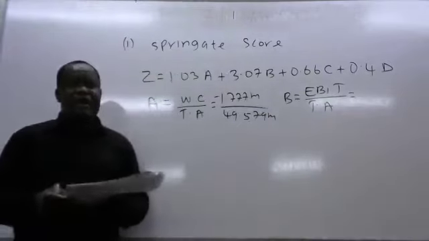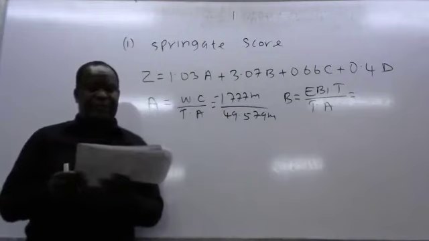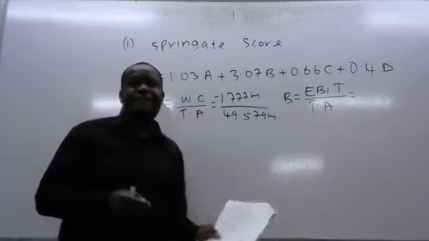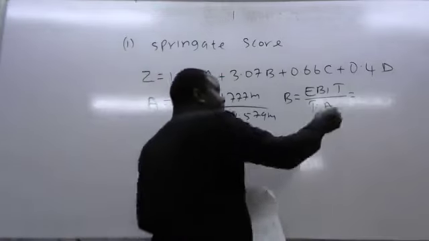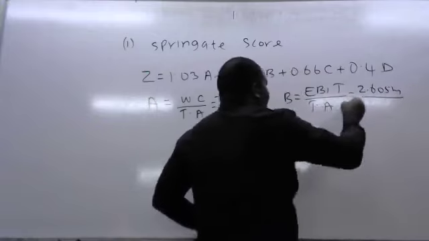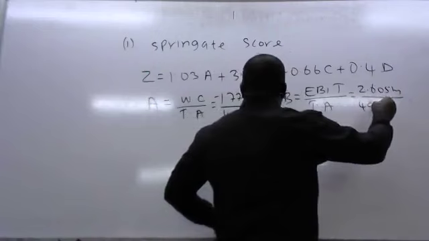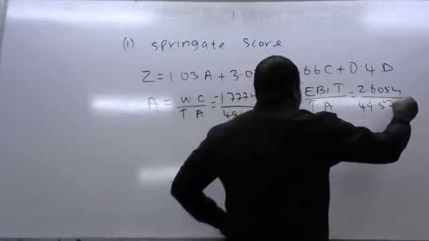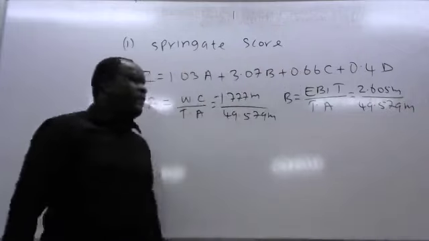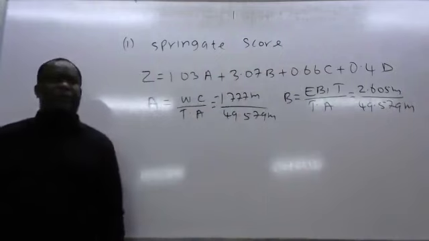So earnings before interest and tax: are you able to see the figure in the question? It is 2.605. Then total assets, we know it is 49.579 million. So that's now the value for B.